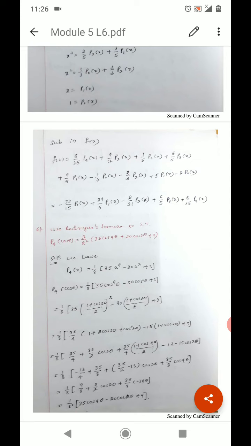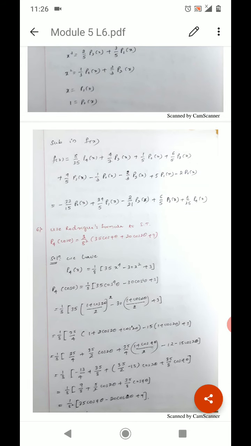It will become P4 of cos theta is equal to 1 by 8 of 35 into cos power 4 theta minus 30 cos square theta plus 3. So by solving that, we get 1 by 8 of 35 into 1 plus cos 2 theta divided by 2, that is the value of cos square theta, the whole square, minus 30 into 1 plus cos 2 theta divided by 2 plus 3.